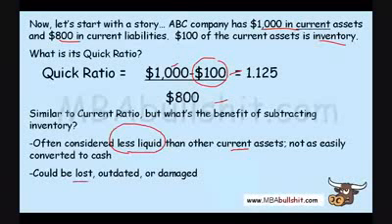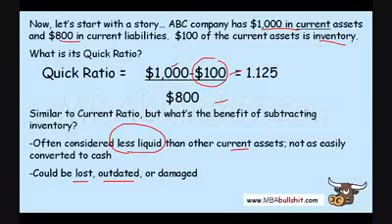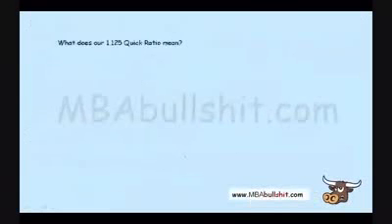A lot of inventory gets lost in the warehouse or stolen. It could be outdated, meaning you cannot use it anymore. Take, for example, mobile phones, which become obsolete very fast. Or it could be damaged. You think your inventory is there in your warehouse and everything is great, but you might not realize that a lot of it is damaged. So that's why we subtract inventory.